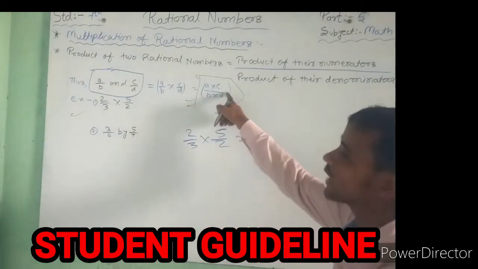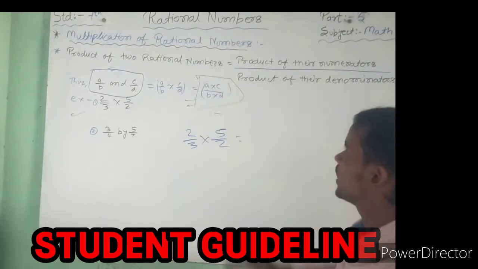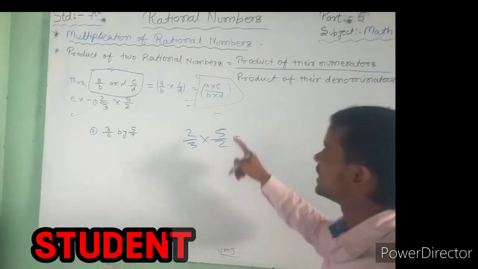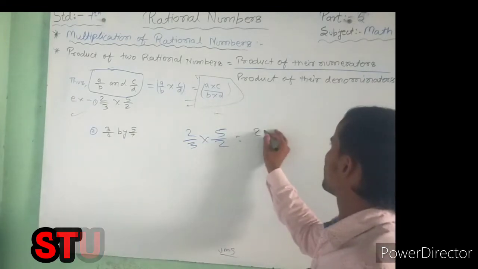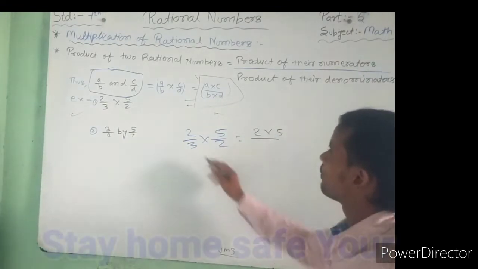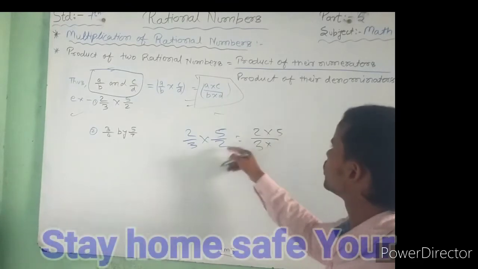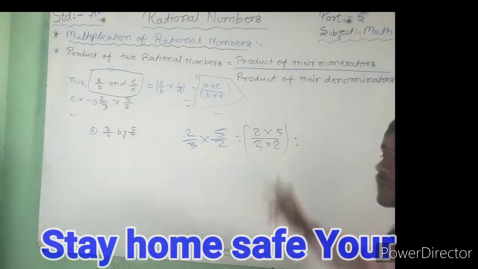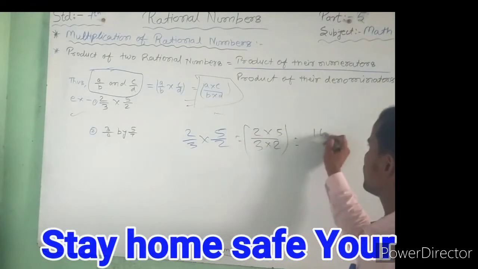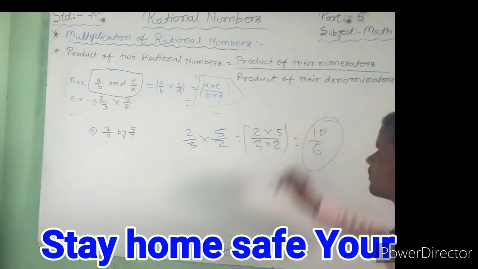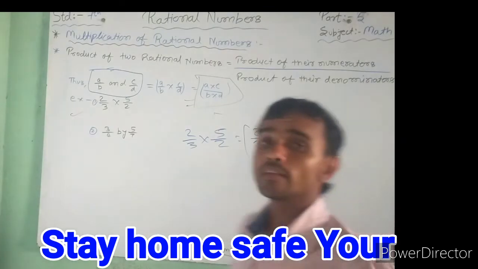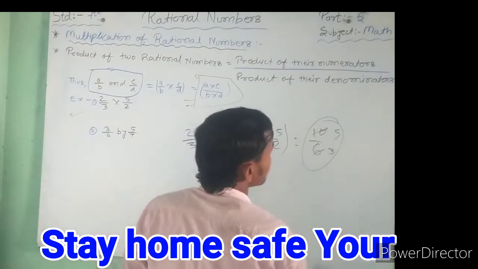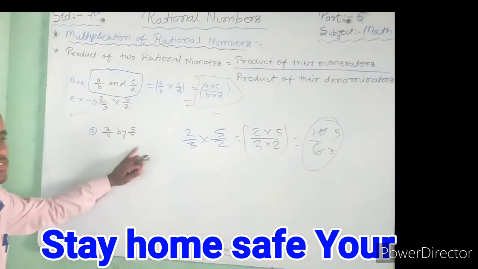You write a into c upon b into d, so 2 into 5 upon 3 into 2. When you multiply, 2 fives are 10 and 3 twos are 6. That is your answer. You can also cut: 2 fives are 10 and 3 twos are 6.